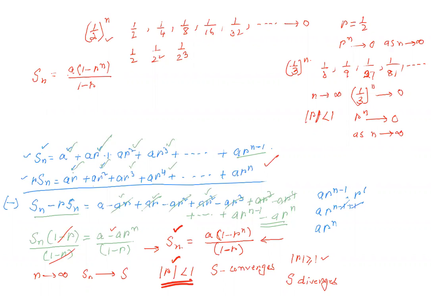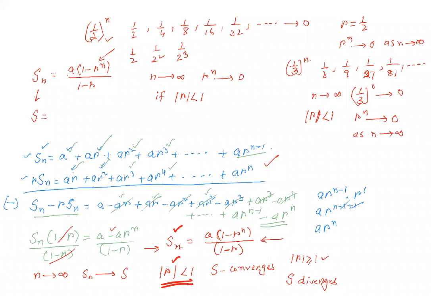Now, as n goes to infinity, R to the power n goes to 0 if the absolute value of R is less than 1. So in that case, this partial sum becomes the regular series, or regular sum of infinitely many terms, then this term becomes 0, right?